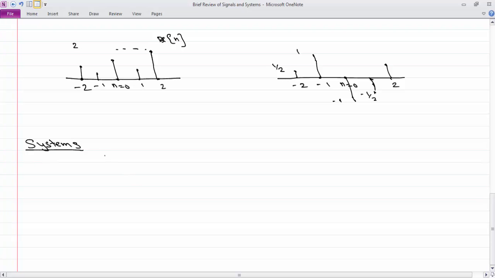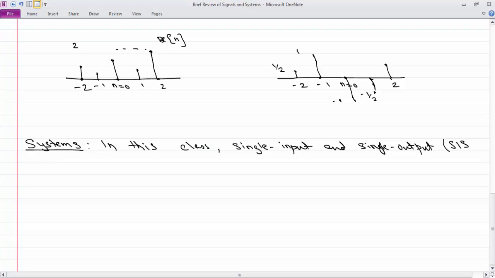Now let's talk about systems. We already described a system as something that takes an input and produces an output. Now in this class we'll talk about single input and single output systems, or they are commonly called SISO, which means that they take only one signal as input and produce one signal as an output.